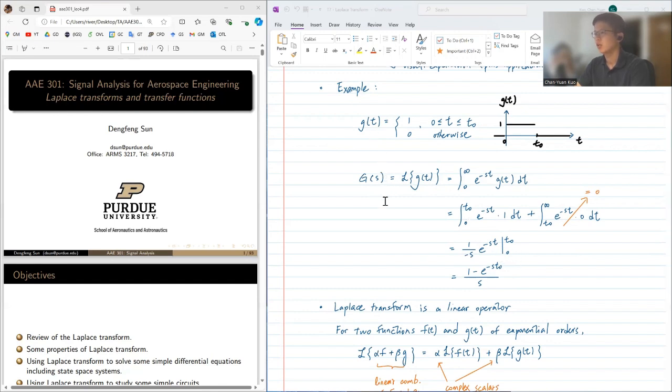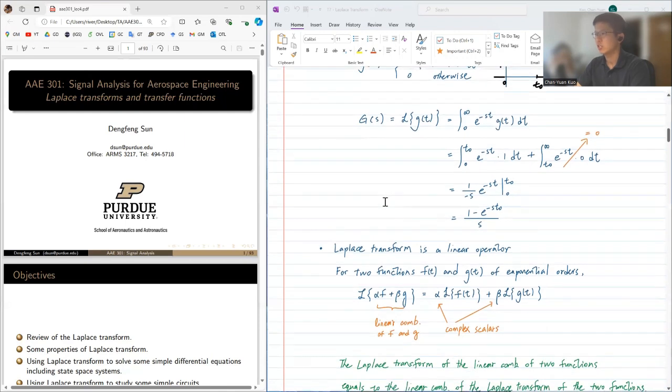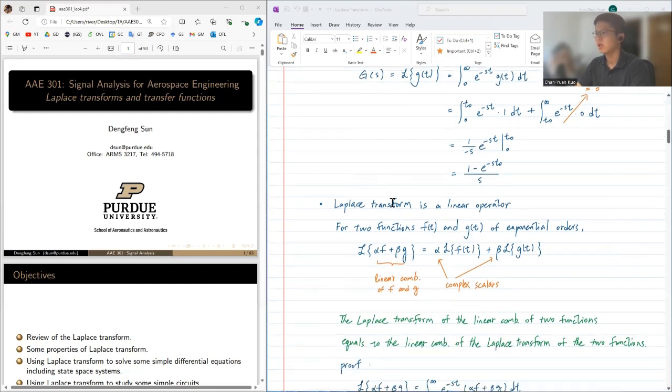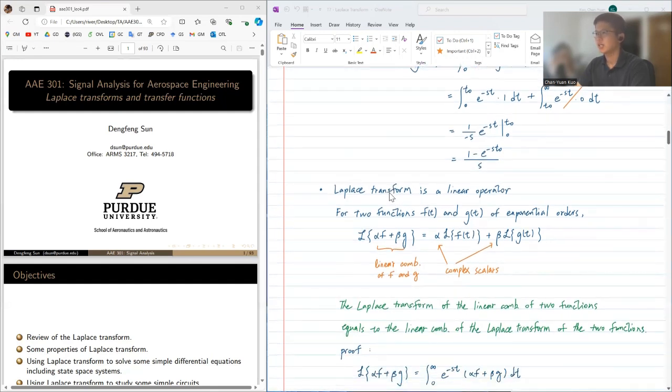Before I move on to talk about the Laplace transform of some common functions, I would like to share with you a very important property of the Laplace transform, which is the linearity property. Basically, this means that the Laplace transform is a linear operator.